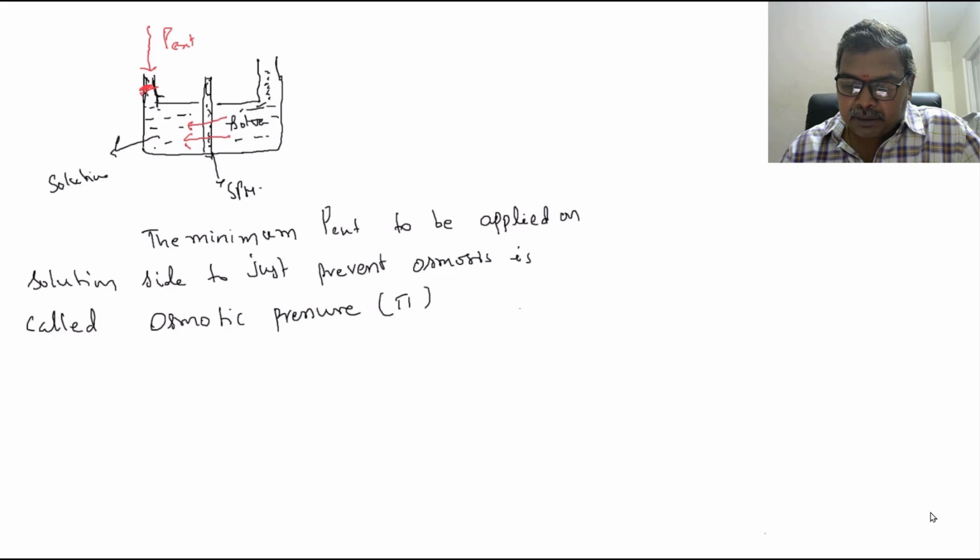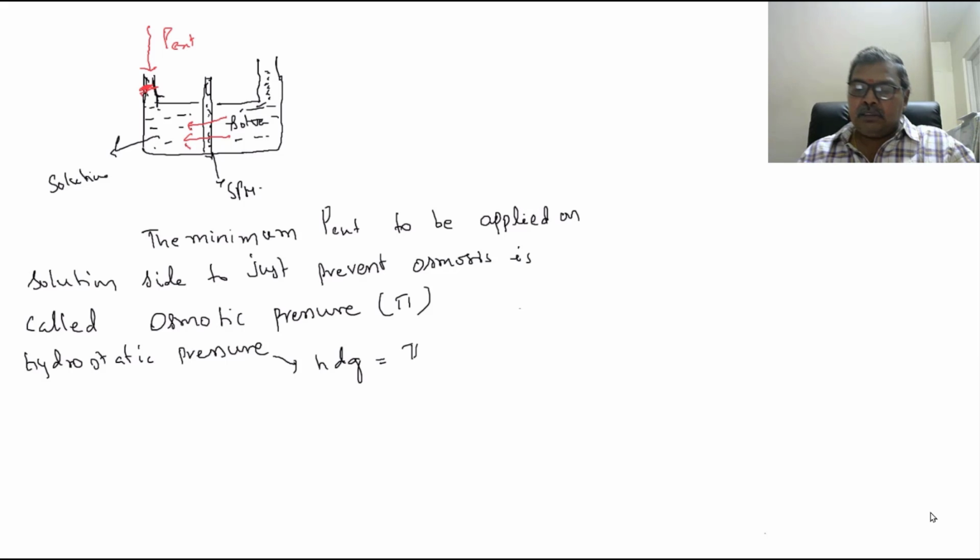It is represented by pi. In some books, it is mentioned as hydrostatic pressure also. This hydrostatic pressure is equal to hdg, or pi equals hdg, where h is height, d is the density of the liquid, and g is acceleration due to gravity. Right.